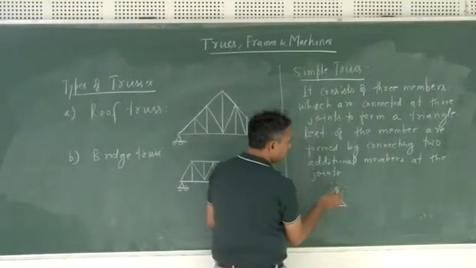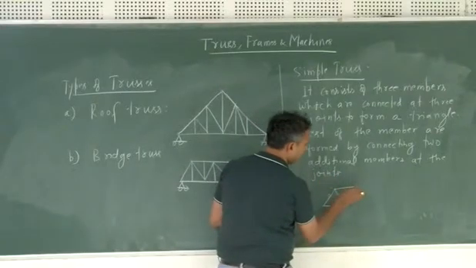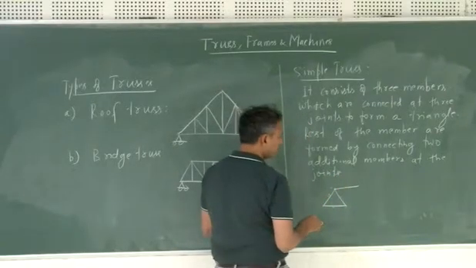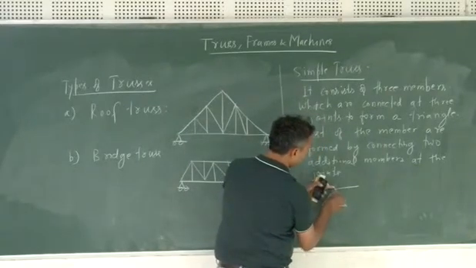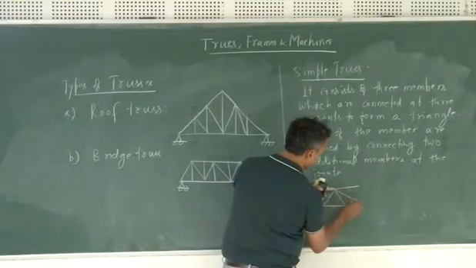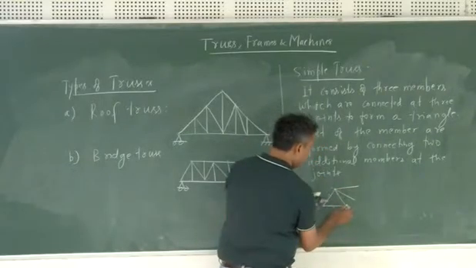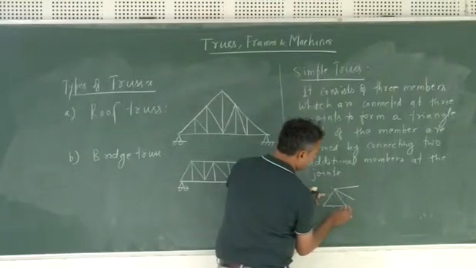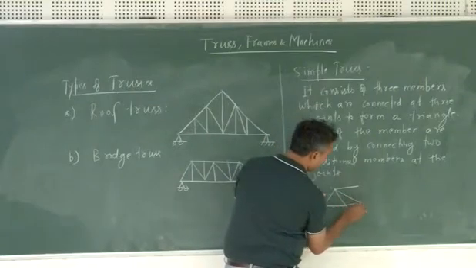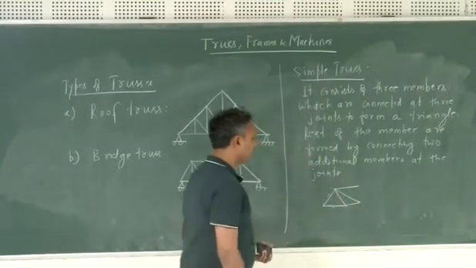Now when you take two more members, let us say from this joint you connect one like this. Here it is 1 and 2, here it is 1 and 2. Now here if you start something like this, and since one is already counted, you will have to start something in this way.